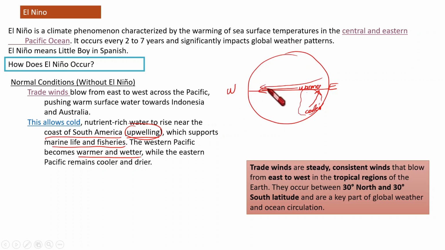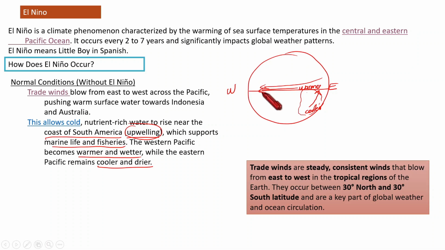because warm surface ocean water is moving more to here. That is why this area becomes warmer and wetter, while the eastern region remains cooler and drier. Is it clear? Why? As warm surface ocean water reaches more to the west, there is more chance of precipitation, that is rain.